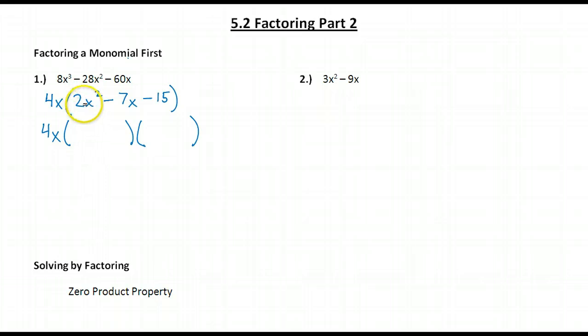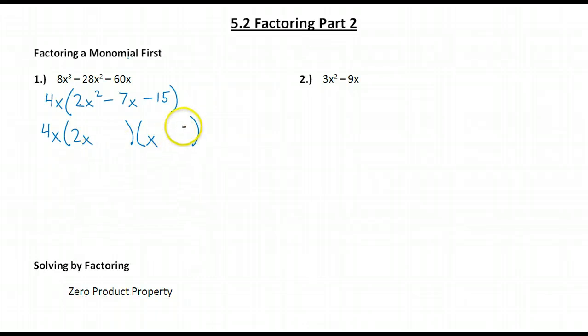Two things that multiply together to give me 2x squared are 2x and x. And now I need to look at the factors of 15. Well, the factors of 15 are 1 and 15 and 3 and 5. And I need to pair those numbers up with 2 and 1 so that my middle term will be negative 7.